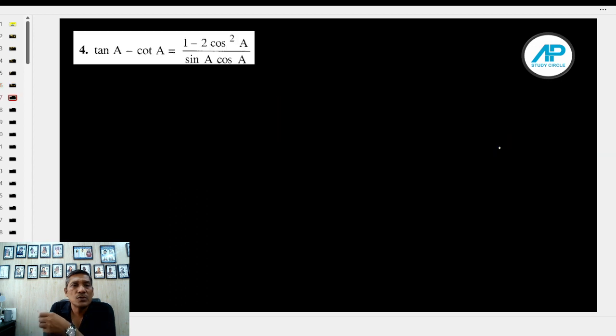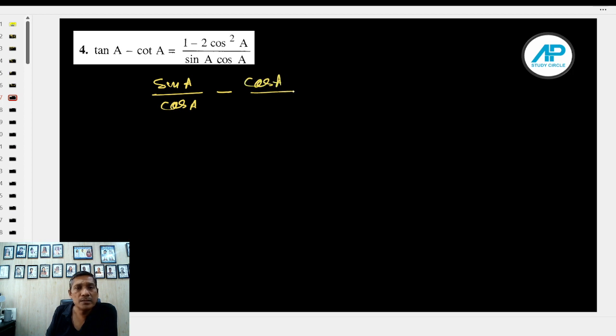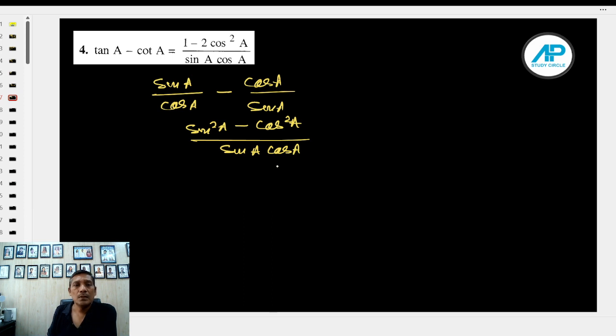is always equal to sine A into cos A. Tan A minus cot A, sine A upon cos A minus cos A upon sine A. When I take LCM, now see the result.